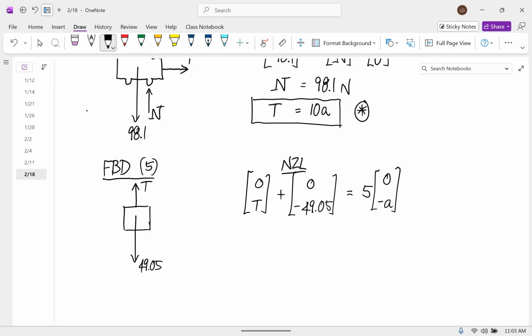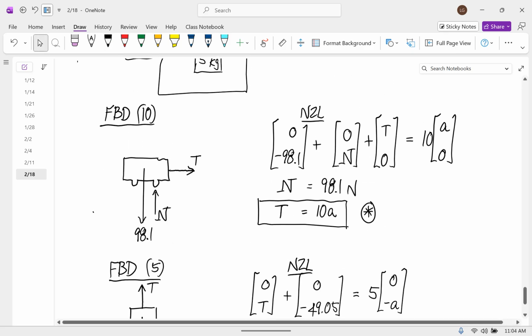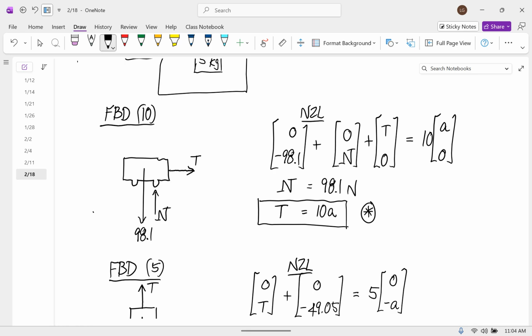And then I would have written this as 0, positive A. But then when we got to the second one, I would have written this as negative A, 0, because what matters is the relationship between their motions. And we'd end up with the same answers either way.